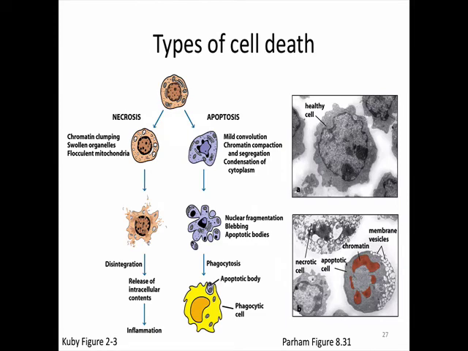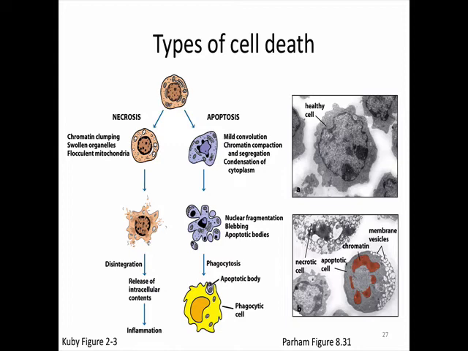You guys know of a few different types of cell death. We talked about pyroptosis earlier in the semester, and pyroptosis is a programmed form of necrosis. There are also non-programmed forms of necrosis. And you know a lot from Dr. Dunaway's class about apoptosis.